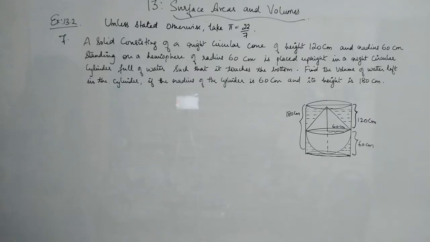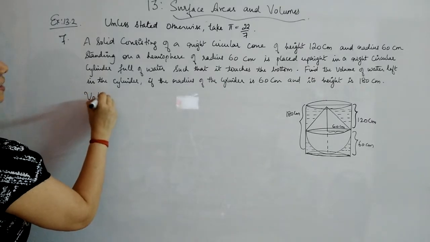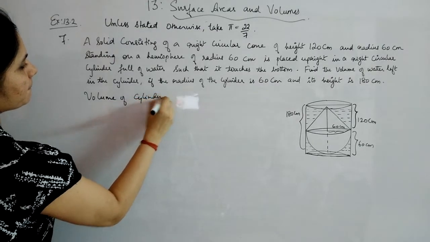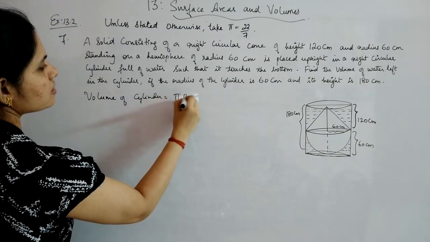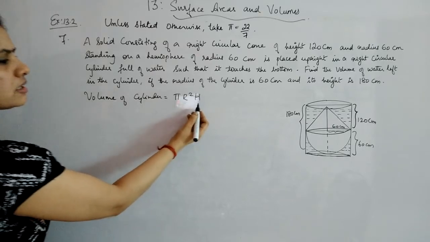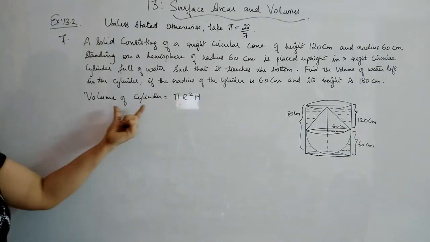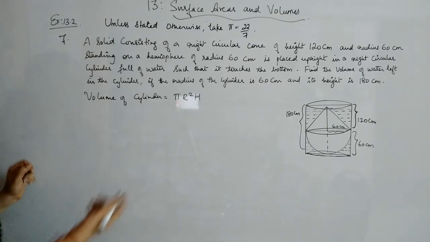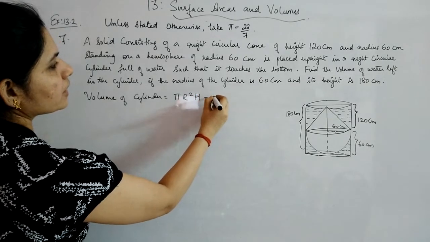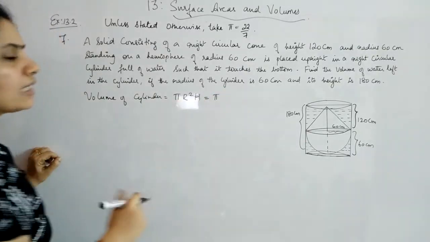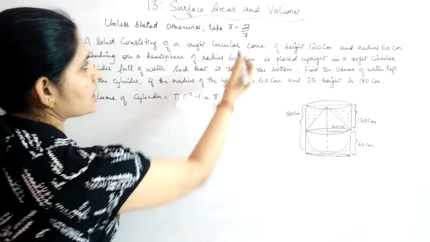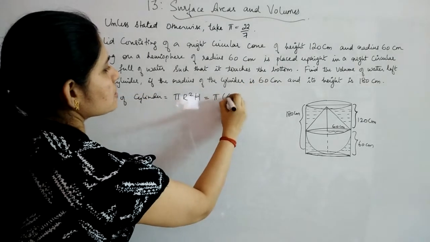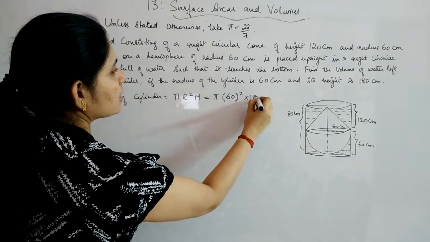Okay, so let's start with finding out the volume of the cylinder first. Volume of the cylinder is equal to pi r square h. I'm writing capital in order to just specify that it is the volume of the cylinder. For the other thing, you can use small r and small h. Okay, so here what is pi? Okay, pi we can keep it like that. At last we will substitute for that as 22/7. Now r is, again radius is given to be 60, so it is 60 square into 180 you are getting.